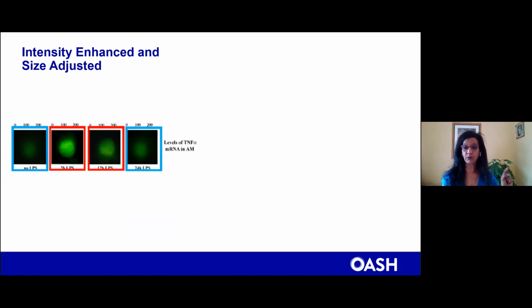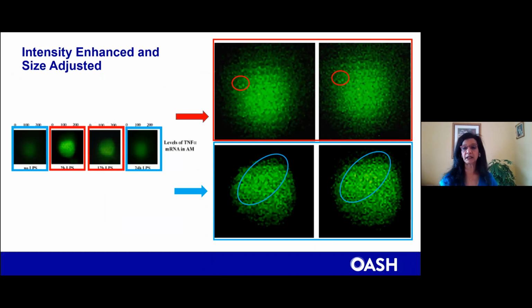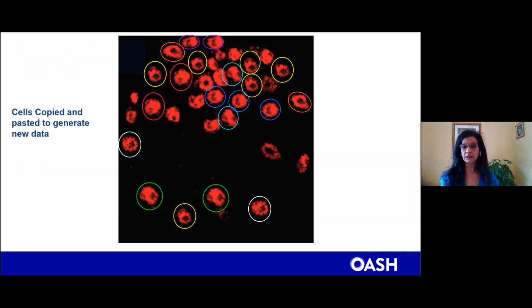But with a little more work, we can actually convince the respondent, the ALJ, and anybody else of the deeper hidden features that come up. So, enhancing intensity and size adjusted, you see the similarity here. Another example where a small data set has been generated into new image data.